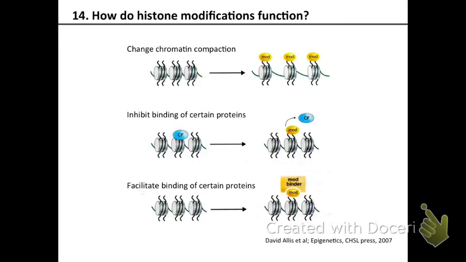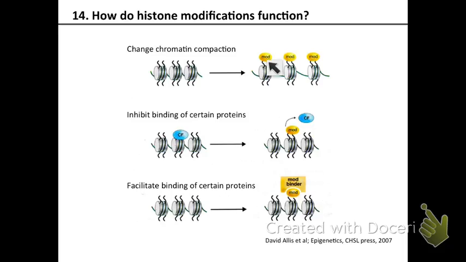What do they actually do, right? What is the function of these histone modifications? There are different types of functions that I'm going to classify into three main categories. In one category, a modification on a histone tail can actually change the way that the chromatin is compacted.